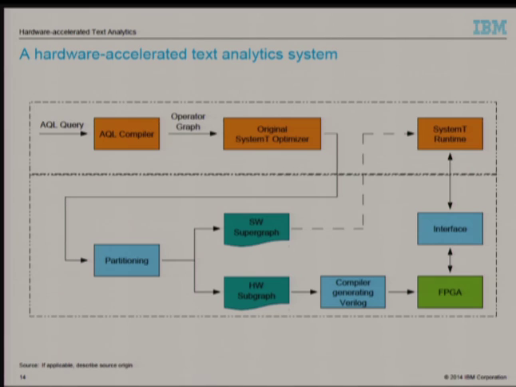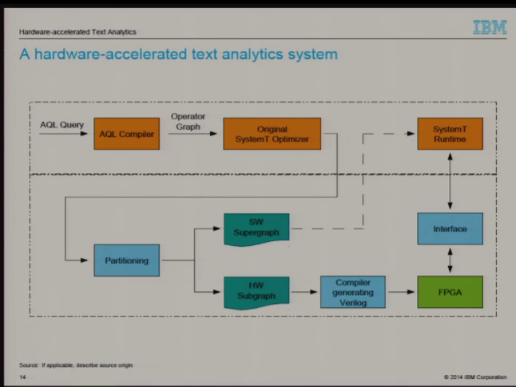So as I said, we're performing a partitioning step, which is now finding out what subgraph do we want to take out of the overall graph. And we end up having a software supergraph and a set of hardware subgraphs that we want to compile onto the FPGA.